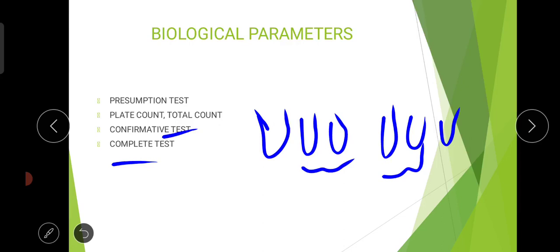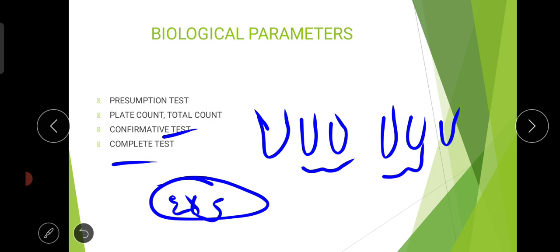Then we confirm it by the completed test. Whichever test tubes show the color change, you have to shake them well. First of all, you take eosin methylene blue agar media in a petri plate, or MacConkey agar in a petri plate.